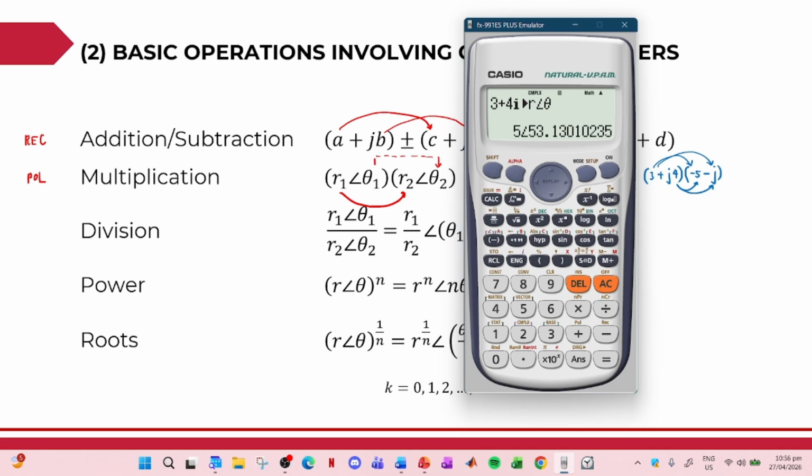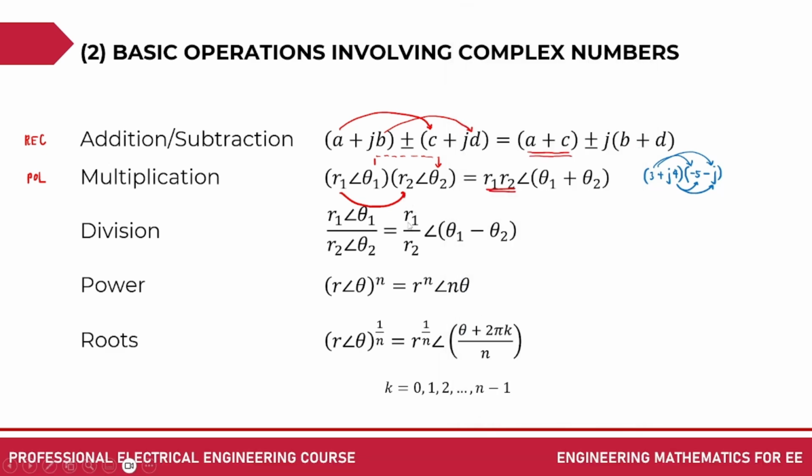Another thing is that your calculator can multiply complex numbers directly. For example, negative 11 minus j23, and you don't need to convert it to polar form first. But I showed this to you because that's the foundation.